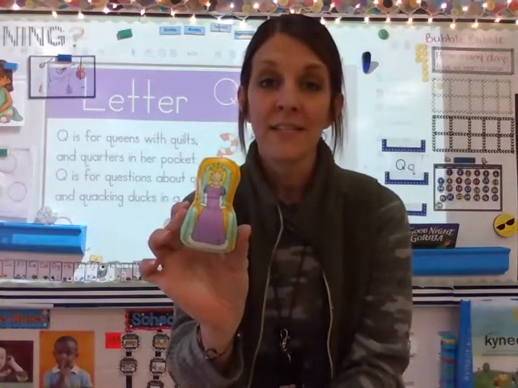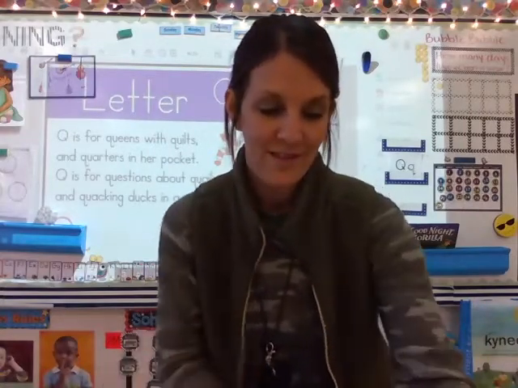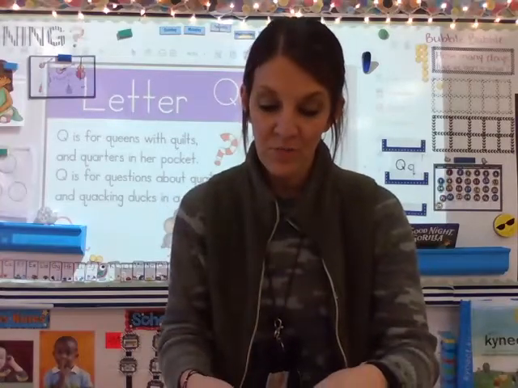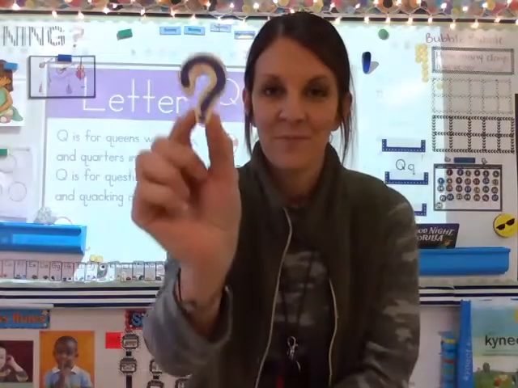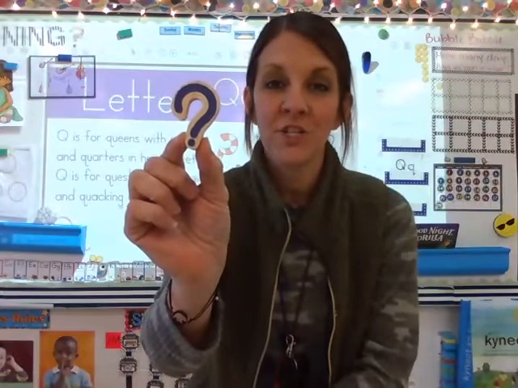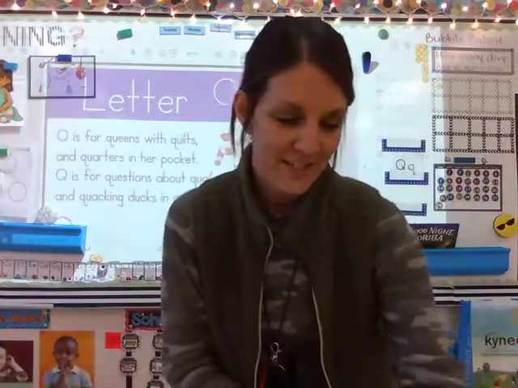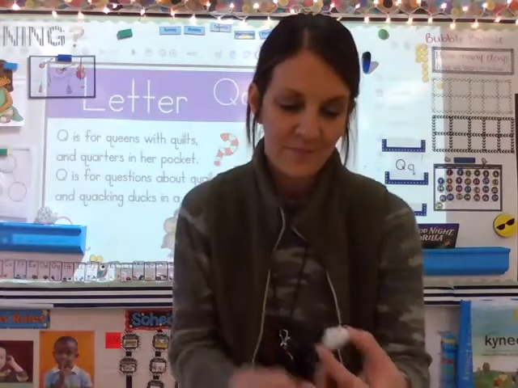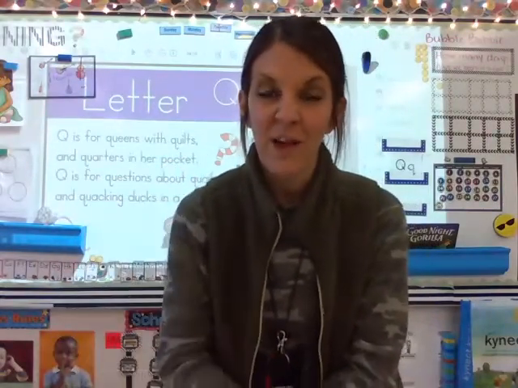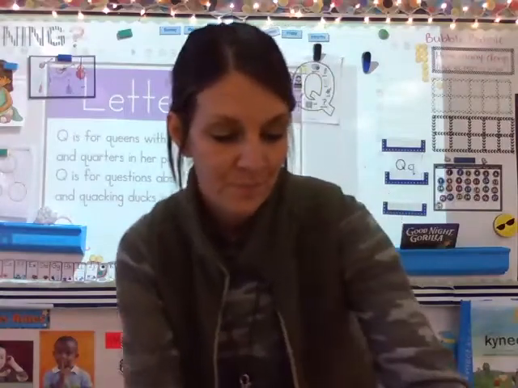A queen sitting in her chair. Oh, we talk about these when we read our morning messages together. Question mark. I ask you a lot of questions. This is a really pretty shiny type of rock. It's called quartz. Some of you may have some outside of your house where your flowers and your bushes are planted.